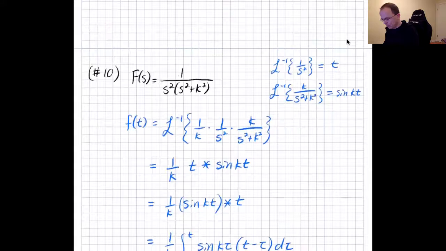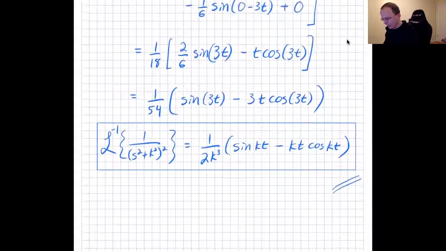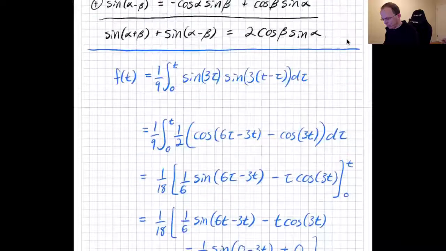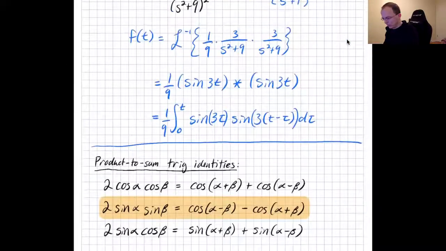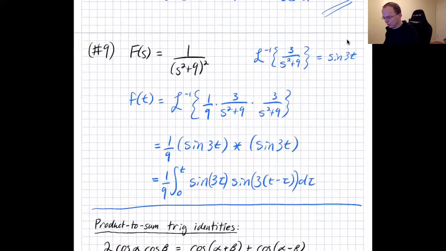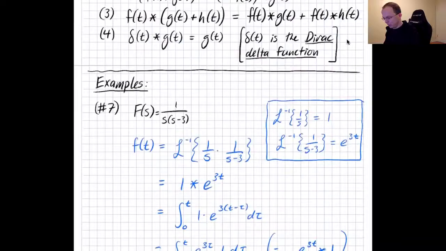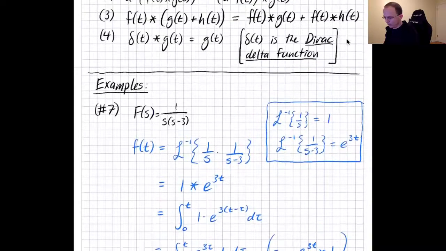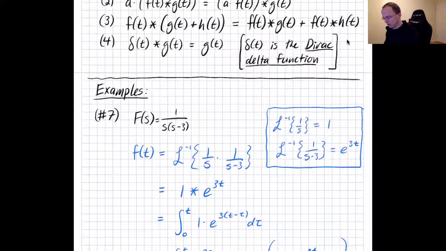This one, also we could have done using partial fractions. However, this one here, the one that involved some resonance, we definitely needed to use the convolution theorem to do that. And this one here, of course, we could have done without the convolution theorem, but we should start somewhere easy initially.